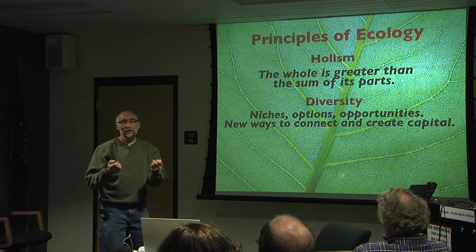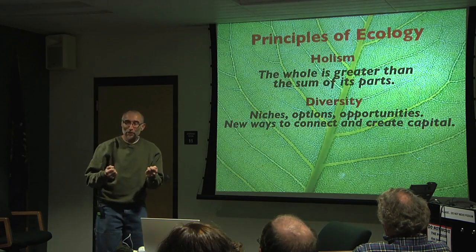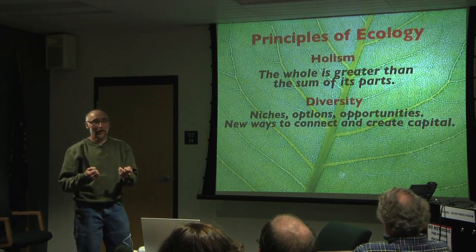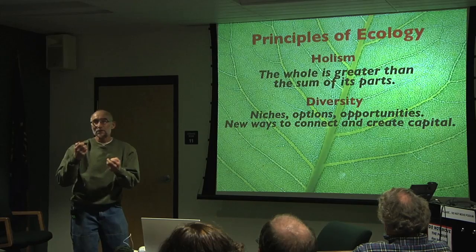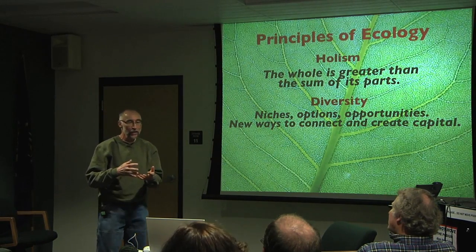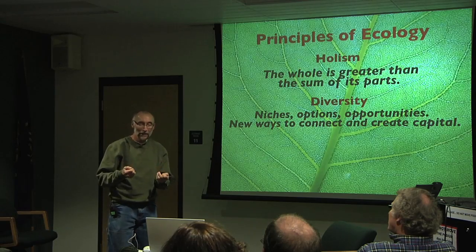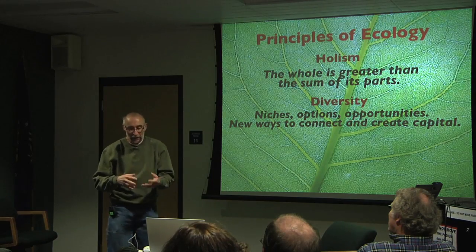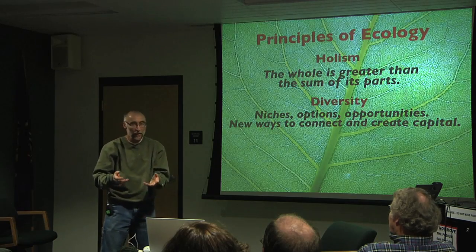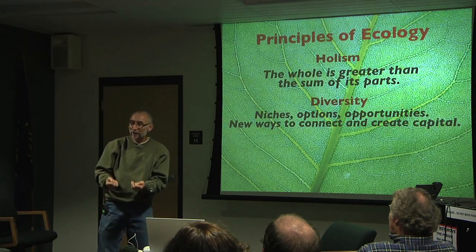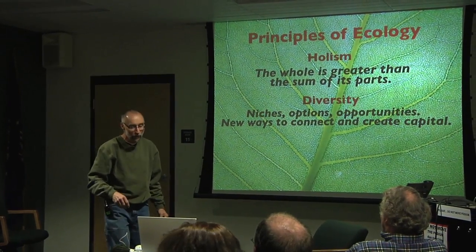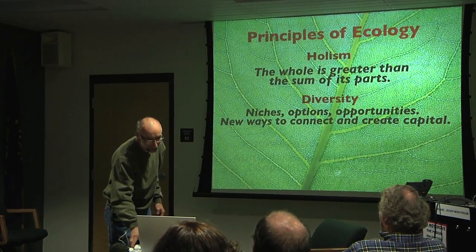Anytime there's a niche in nature, some animal or some plant comes in and inhabits that niche, and it consumes biomass, and it consumes things, and it exudes things, and those things create more and more complexity in nature, and then more things can move in. You can start out with a piece of sand, and a little weed will grow up, and it'll create shade, and it'll drop its leaves, and organic matter will be deposited in the soil, and more things can live. So it's about diversity, the second principle of ecology.